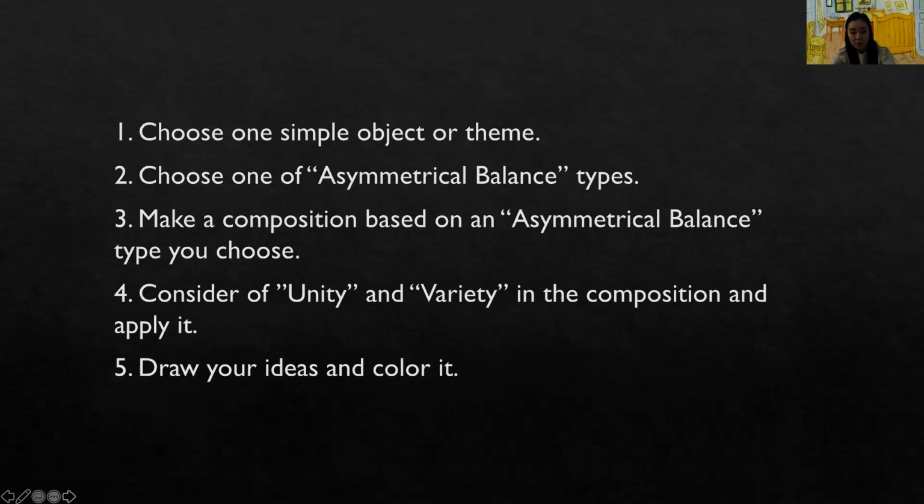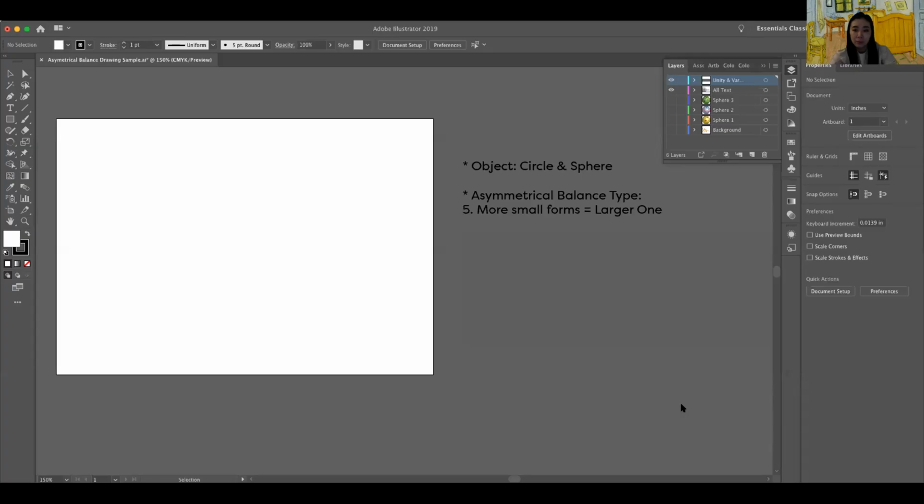So let me show you a sample I made. I chose a simple object like a circle and sphere. Then I'm going to use the fifth asymmetrical balance type: more small forms can be balanced with a larger one.